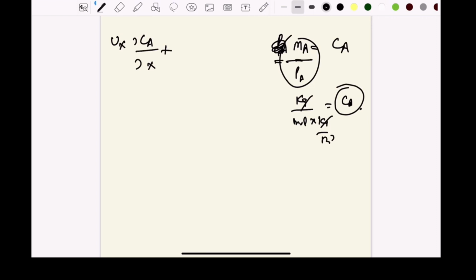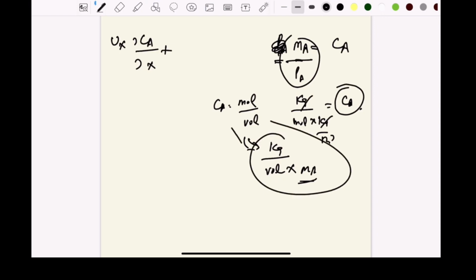So concentration is moles per unit volume, and how can we derive moles per unit volume? Density, kilogram per unit volume, divided by molecular weight gives concentration. So concentration CA is density divided by molecular weight.